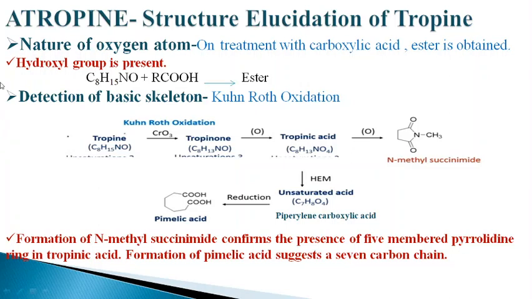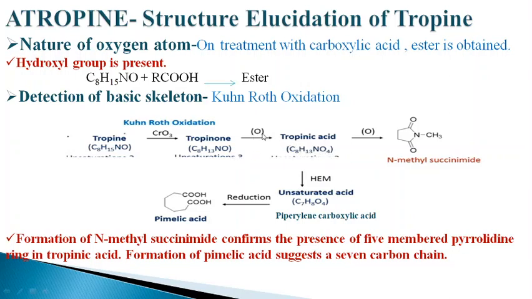This tropinone on further oxidation forms tropinic acid. As you can see, the molecular formula is C8H13 and the oxygen atoms have become 4. This means this tropinic acid is a dicarboxylic acid.